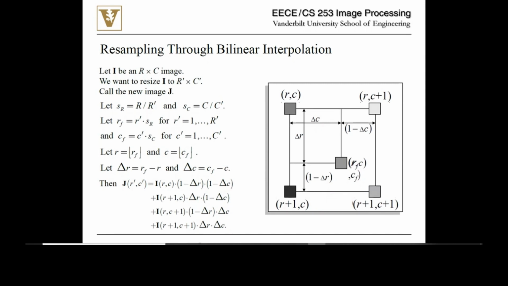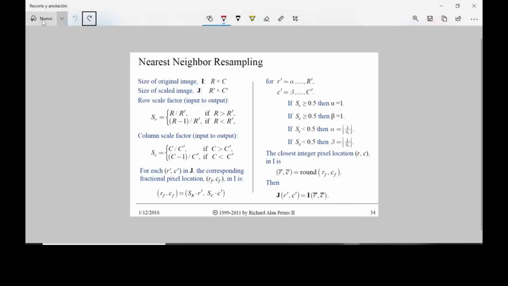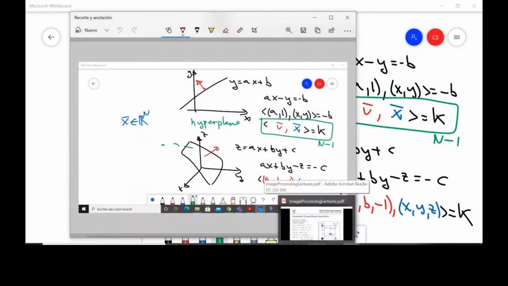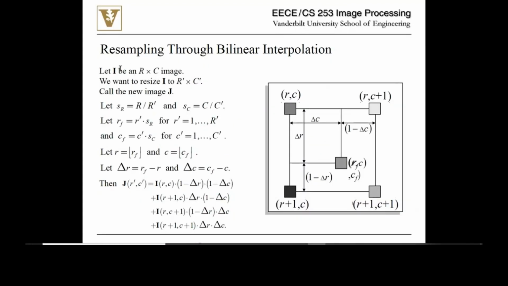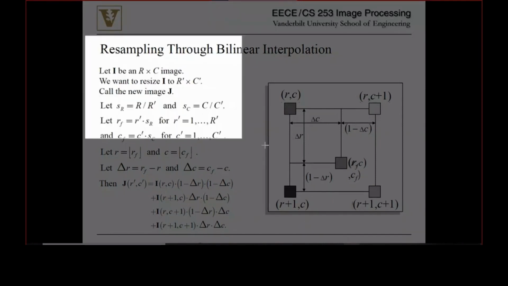Okay, so we want to scale. Now for the scaling, let's do the same thing I did before. Let's open a new one.